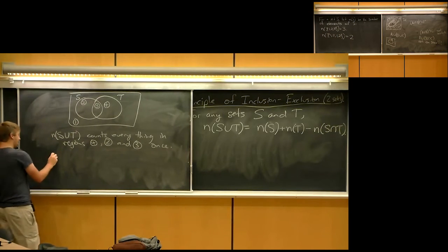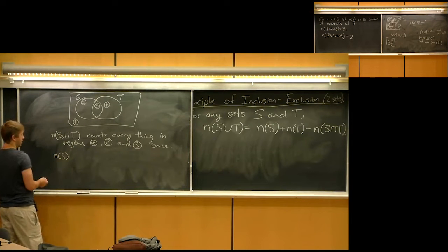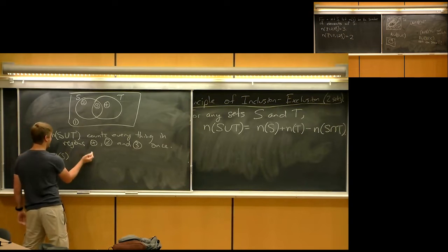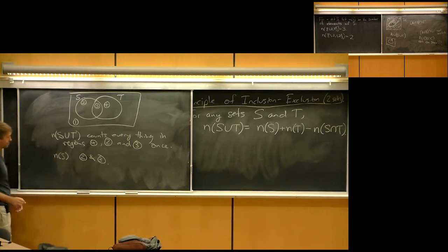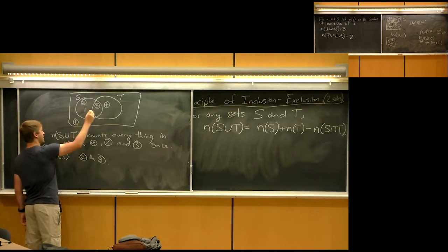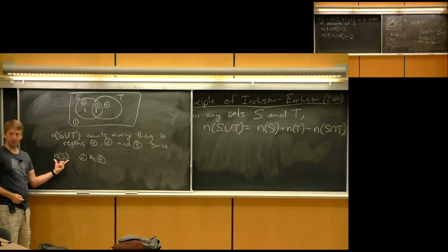Well, what happens if I look at, let's say, n of S? Well, that counts region 2 and region 3, right? So let's say I put a little tick here to say I've counted this once and I've counted that once. By computing this number, I count those regions once.